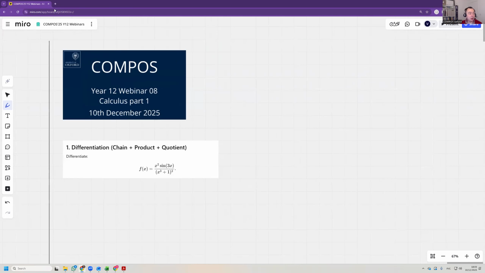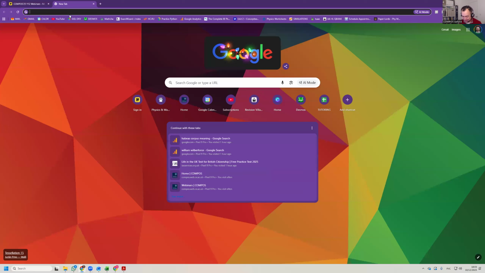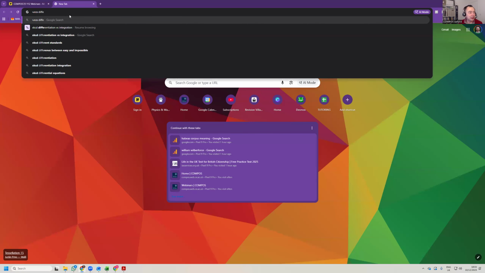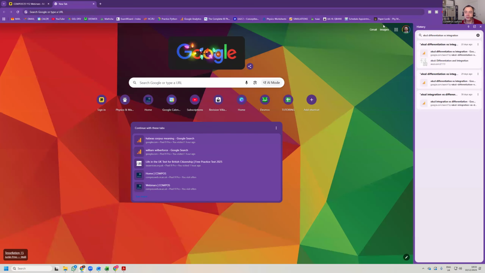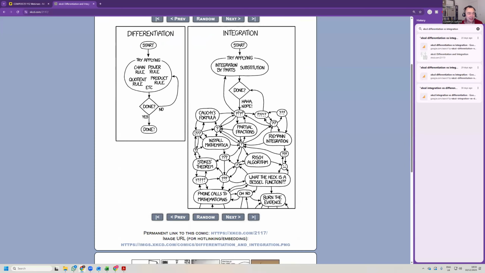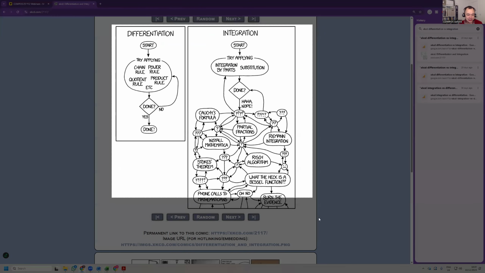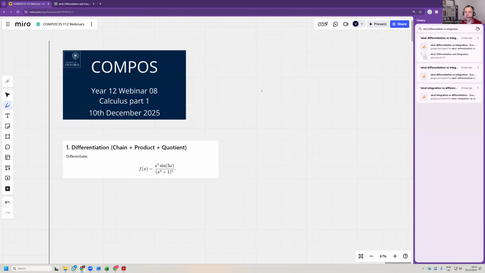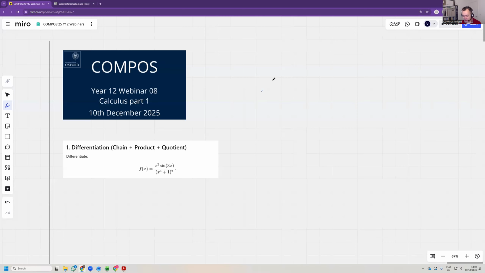And well, my favorite calculus meme, I'll Google it, XKCD differentiation versus integration. Here it is. And this is, in short, the difference between the two main things that we do in calculus.